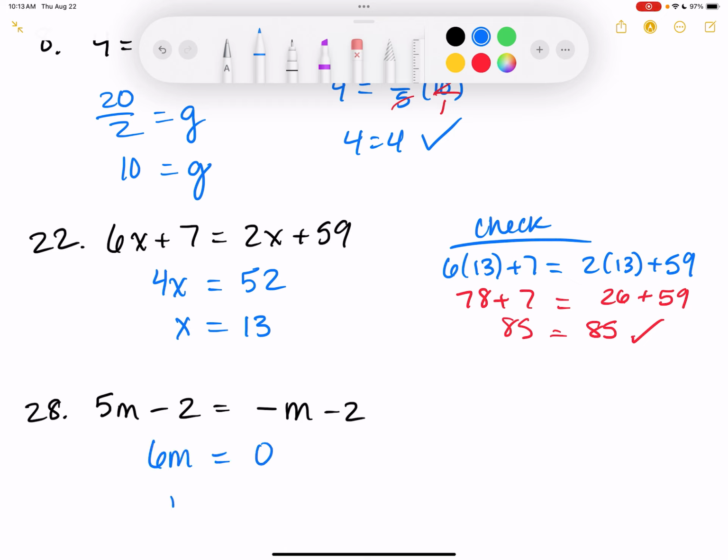So m equals 0. This is like best case scenario, guys. I thought it was going to be complicated, I thought it was going to be undefined for a second. Oh, no. Yeah. So when you check it and you plug it in, you have 5 times 0 minus 2 equals negative 0, which obviously that's not mathematically right, but I'm plugging in 0. So we get negative 2 equals negative 2.